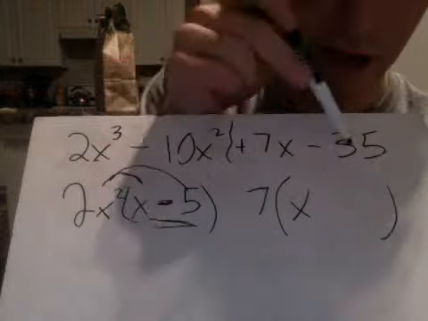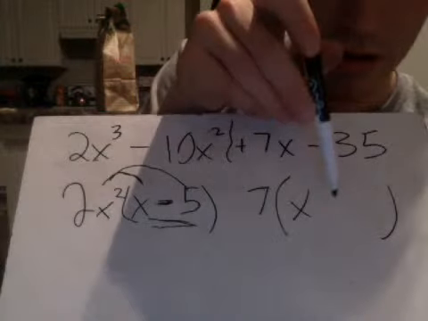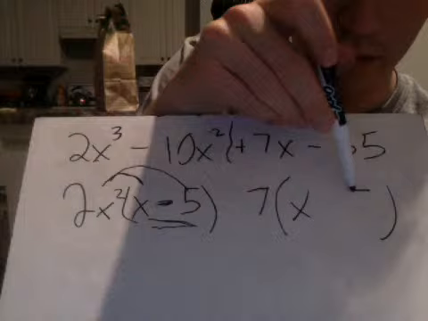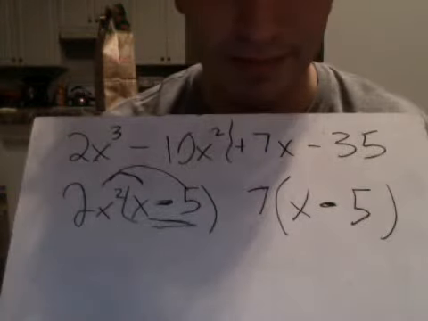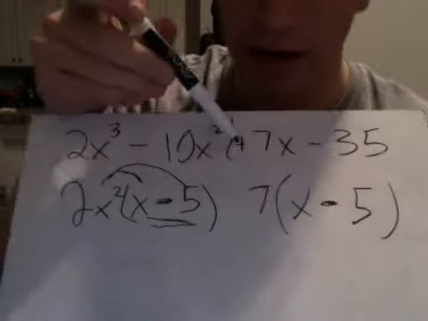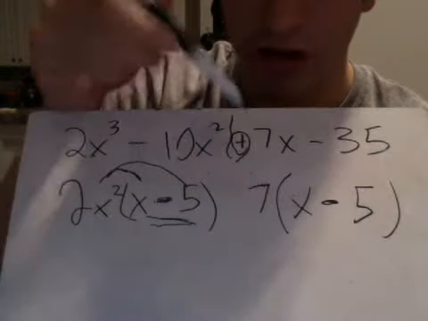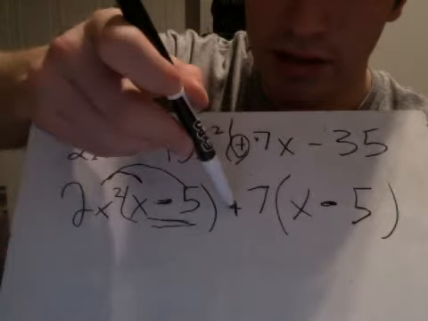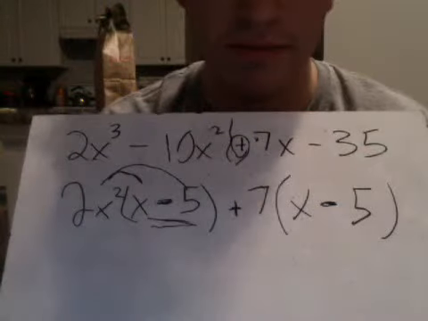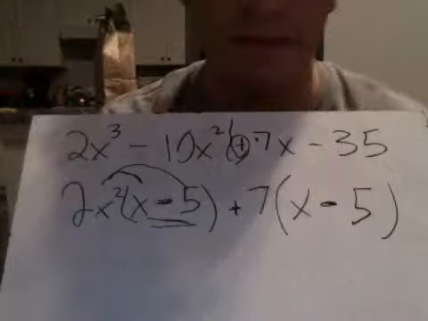If I took out 7 of that, all that's left is 5. And it's going to be a minus. One key thing to note here, if this third term is positive, then I know this is going to be a positive 7. If it were negative, I'd put a negative.